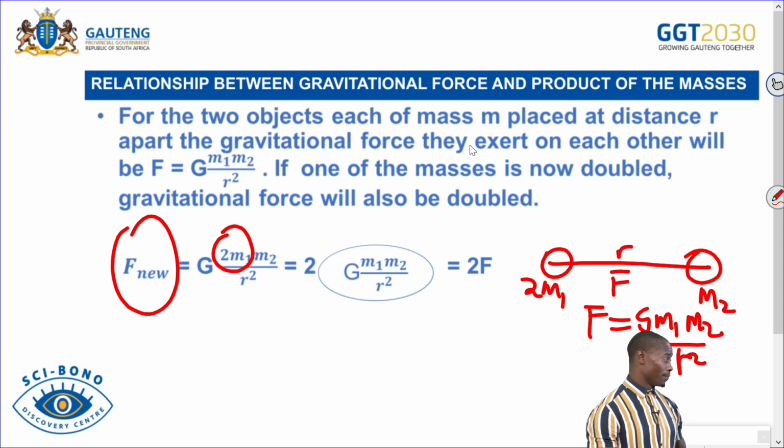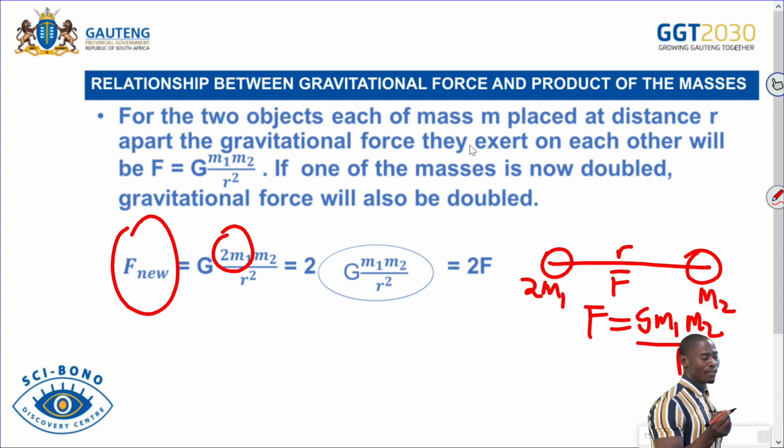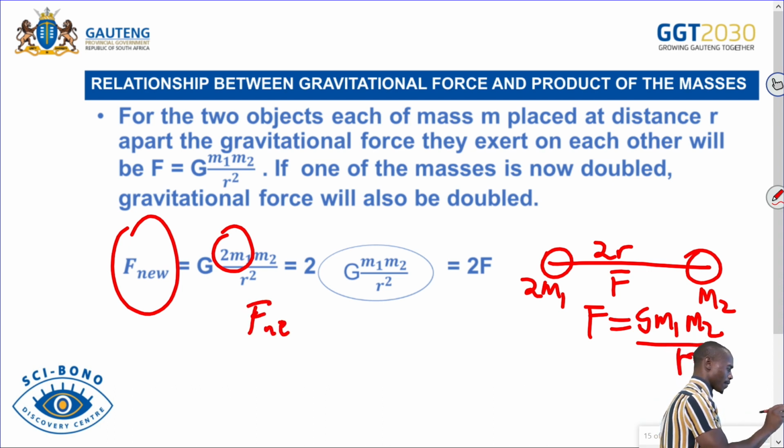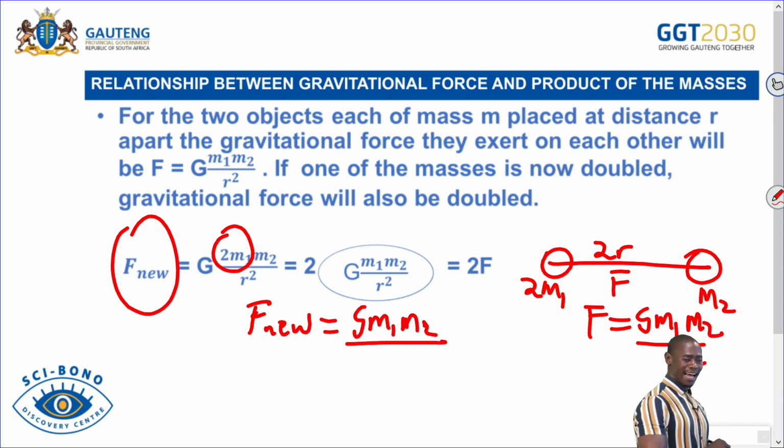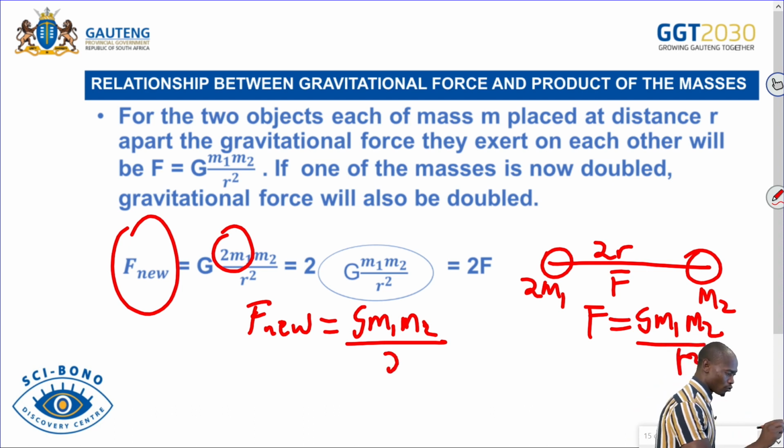Okay? So if, for example, the distance is doubled, we're going to say F new is equal to G m1 m2 over r, which is doubled, so it will be twice r, all squared.